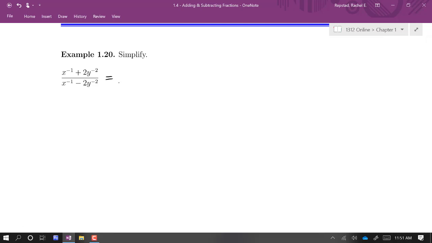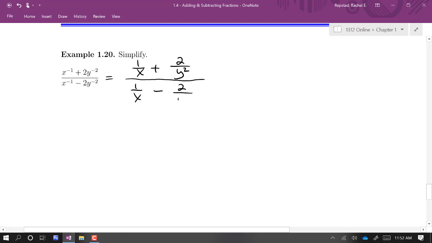It's never simplified. So the first thing I'm going to do is write it as a complex fraction that I know it is. x to the minus 1, that's 1 over x. 2y to the negative 2, that's 2 over y squared. The negative 2 exponent is only on the y, so the 2 stays up top. On the bottom, we've got 1 over x minus 2 over y squared.